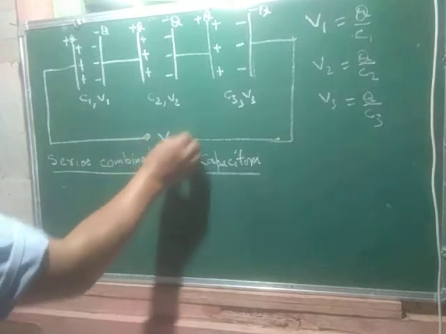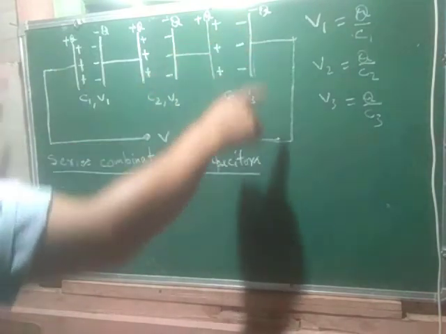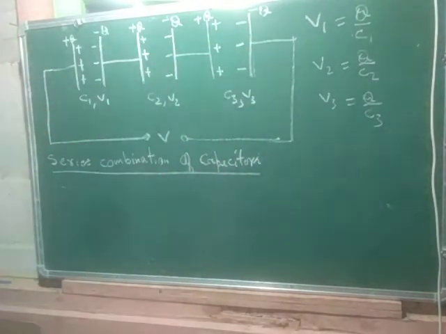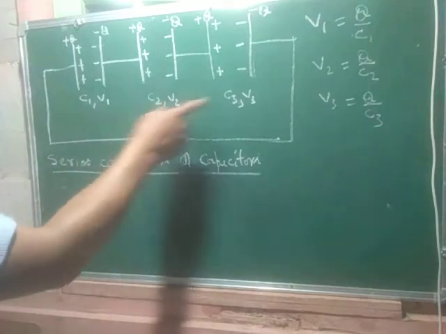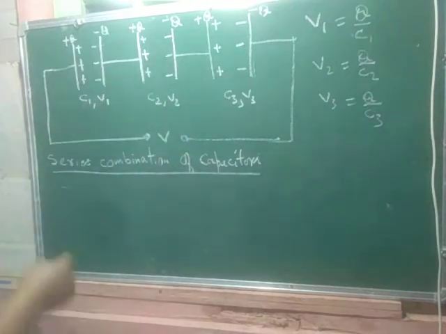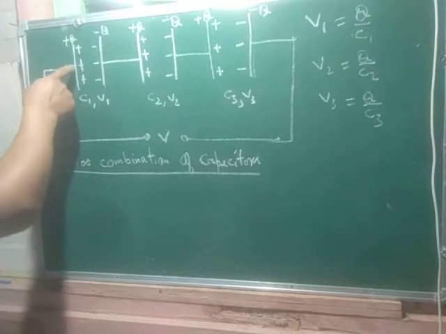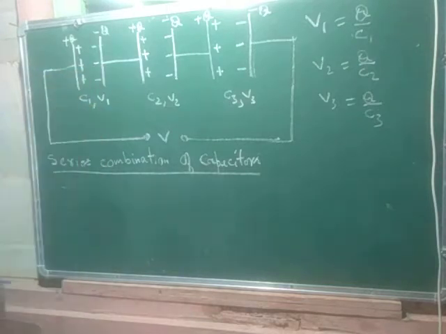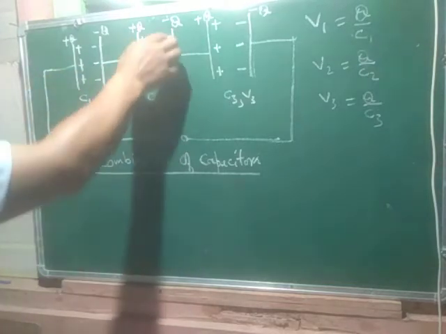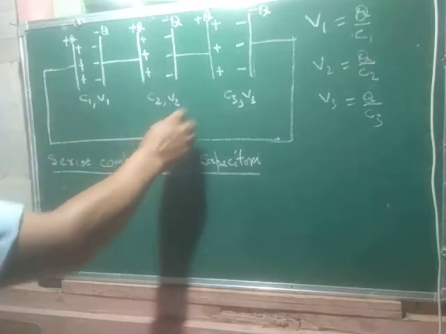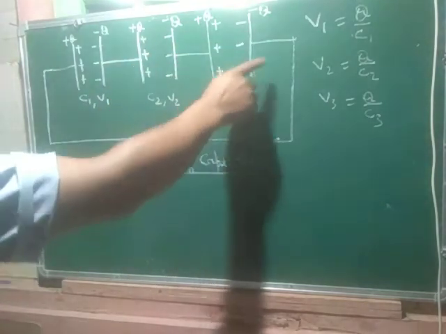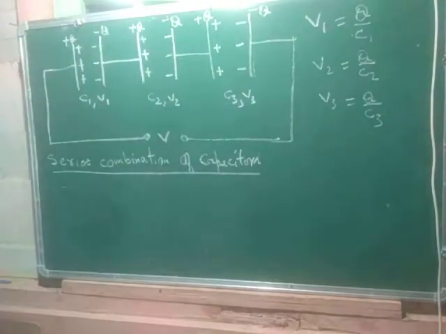This potential difference V, which is the total potential difference applied across the combination, is divided into three potential differences. The potential difference across the first capacitor is V1, across the second capacitor is V2, and across the third capacitor is V3.